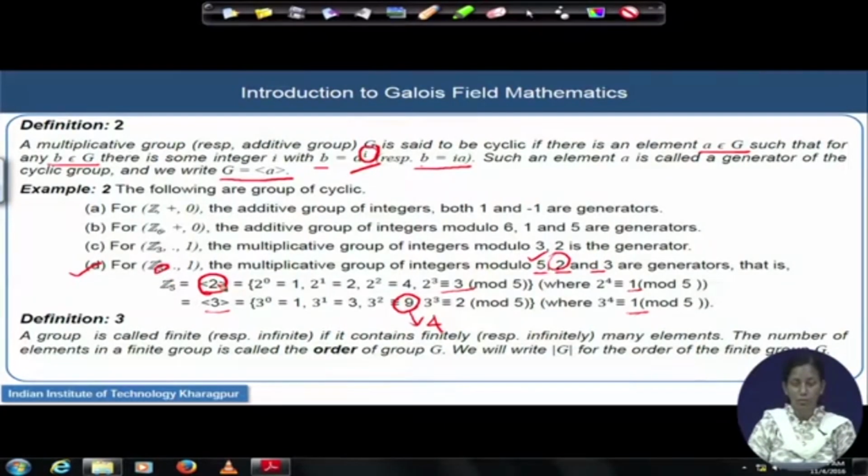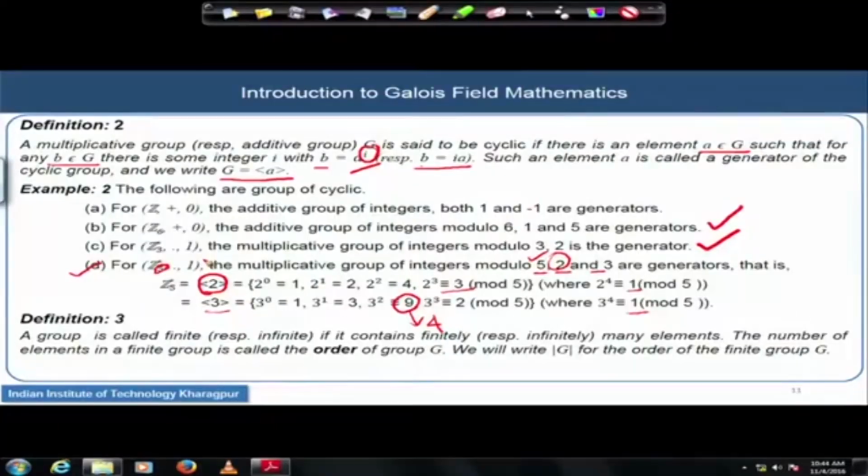Please do all the calculations at home with Z3 star and Z6, where I have already given the generators. In the exam there will be a question: given this kind of group, you have to find your generator and check whether this group can be declared a cyclic group or not. If you do not find any generator to generate all the elements inside that group, it cannot be a cyclic group.